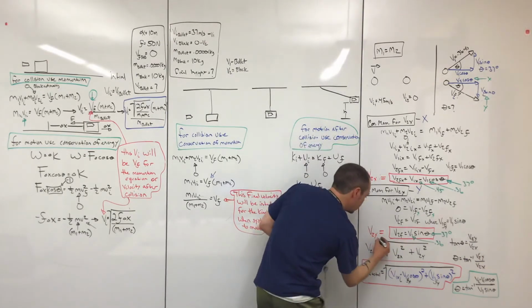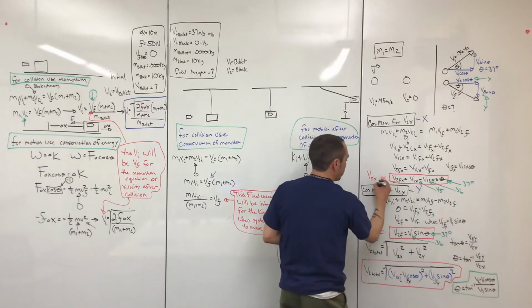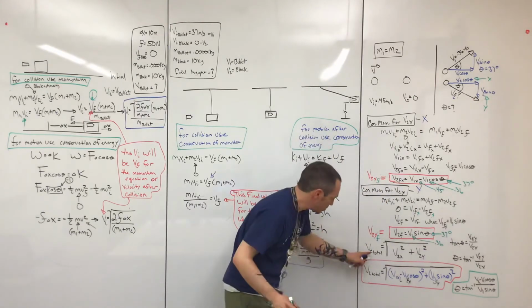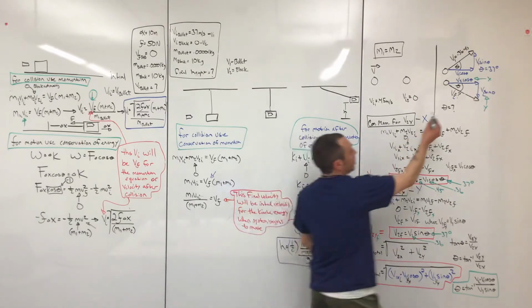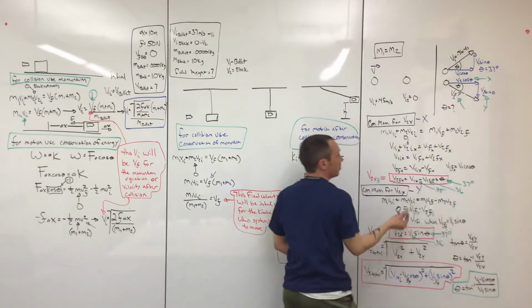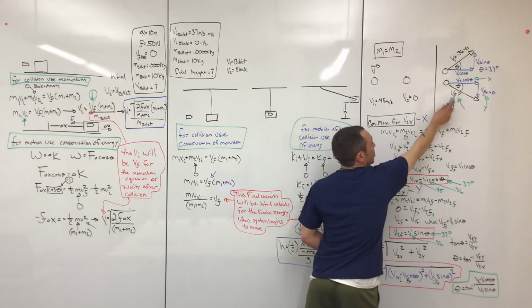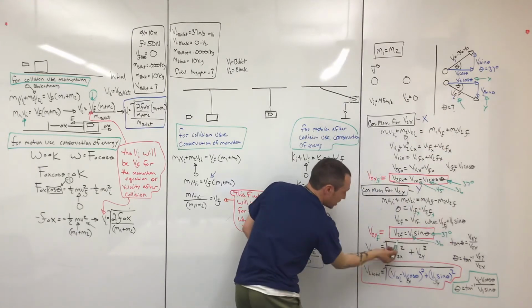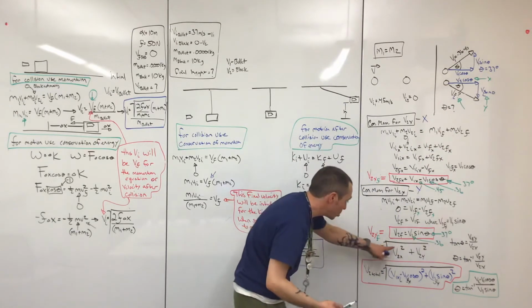So if we have V2YF and V2XF, we can use the Pythagorean theorem to get V total. We have these two components in terms of V1, and because it's a right triangle, we can use the Pythagorean theorem to get V2. So that's what we do.